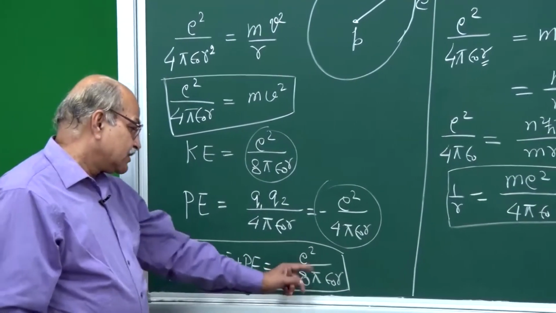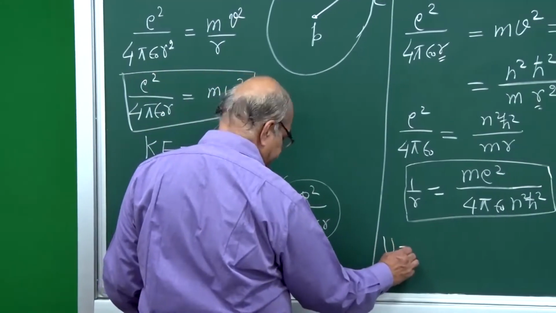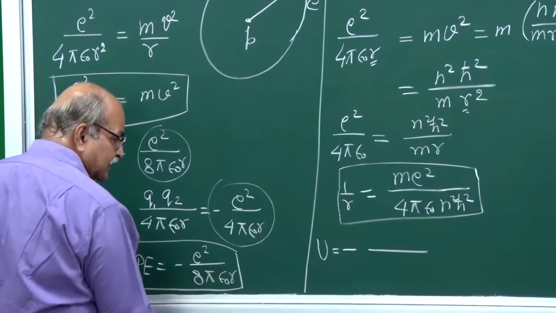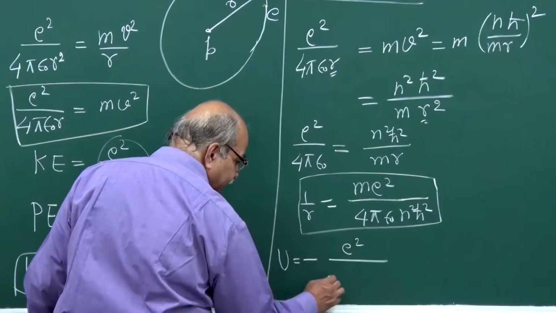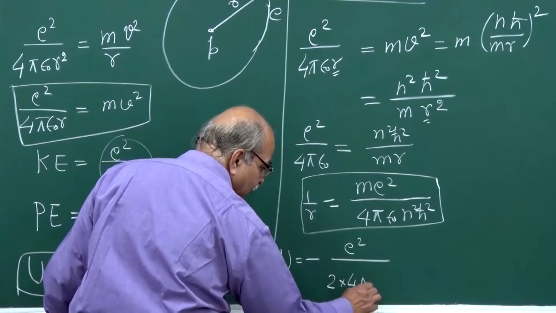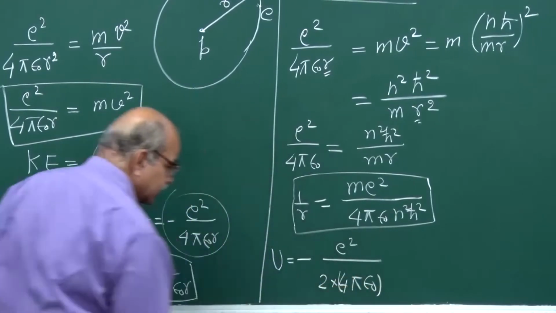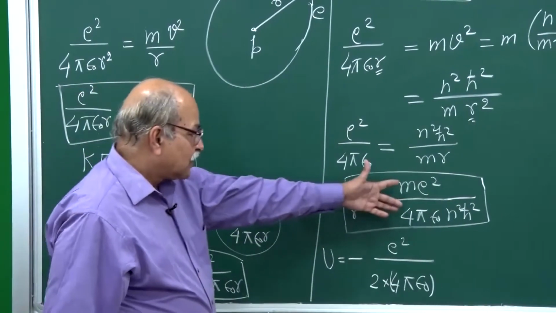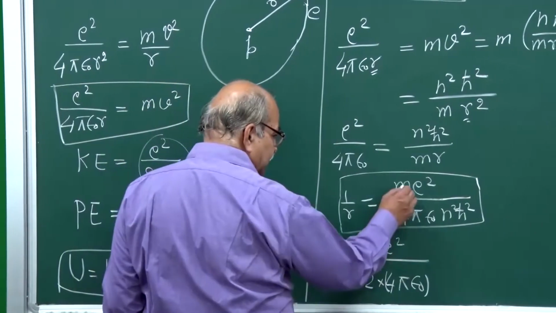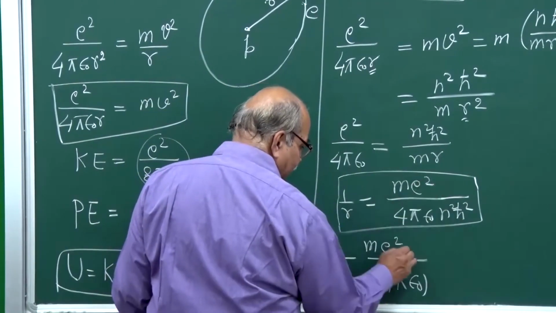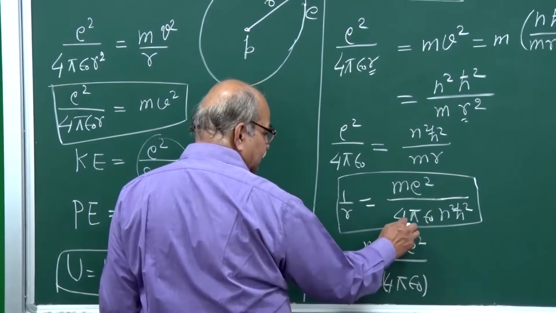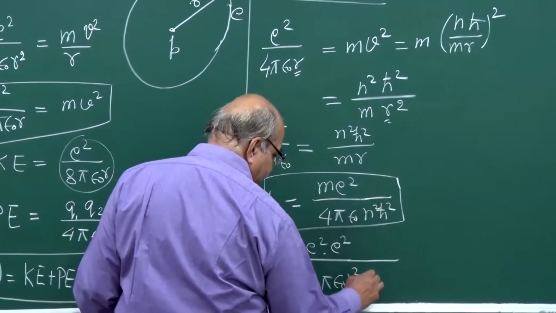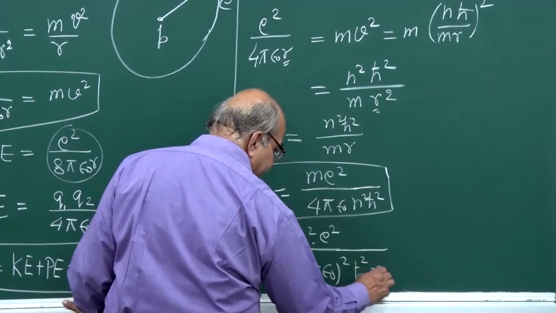So the total energy U is minus e square over 8 pi epsilon naught, that is e square over 2 into 4 pi epsilon naught, multiplied by 1 by r. 1 by r is here, so I multiply by m e square, and in the denominator 4 pi epsilon naught, squared, then n square and h cross square.